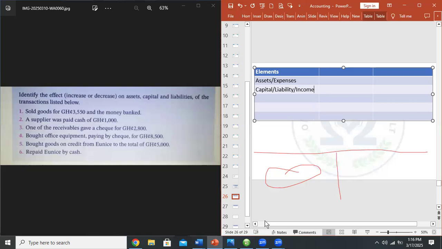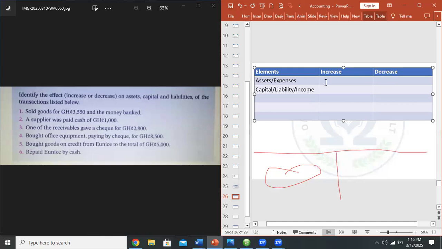So their behavior is dependent upon whether there is an increase in it or a decrease. So please note this carefully. According to the double entry principle or Luca Pacioli's principle, if assets or expenses increase, professors, we make a debit entry.